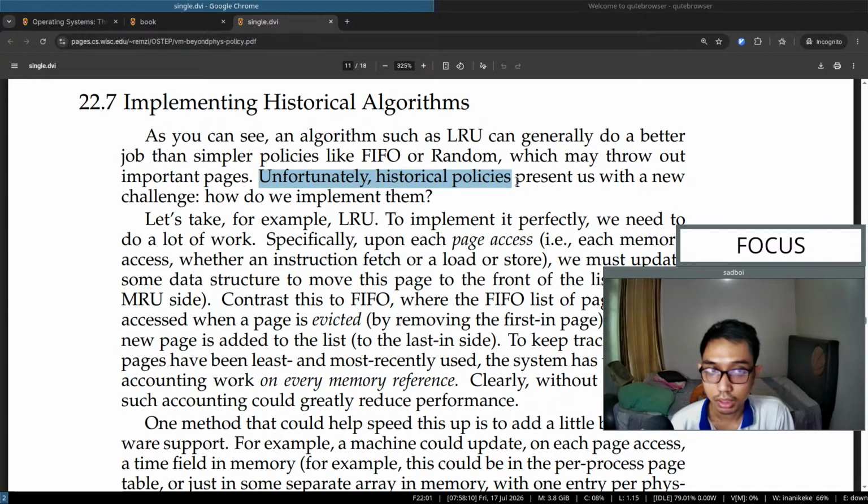Unfortunately, historical policies present us with a new challenge. How do we implement them?